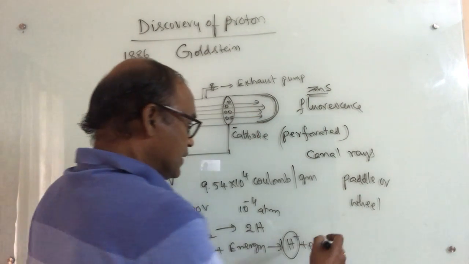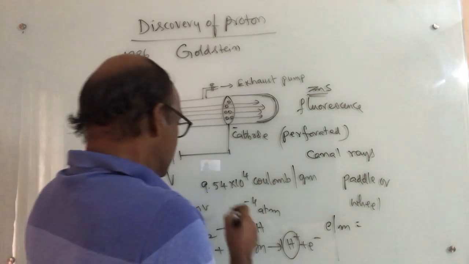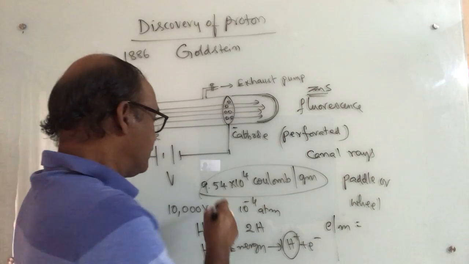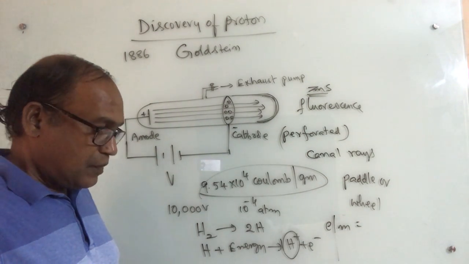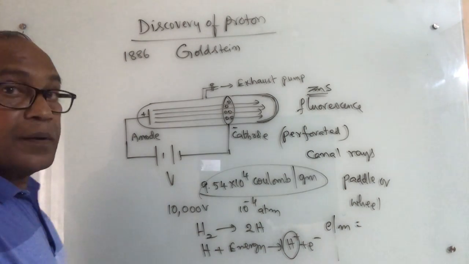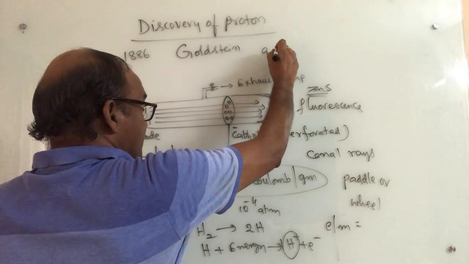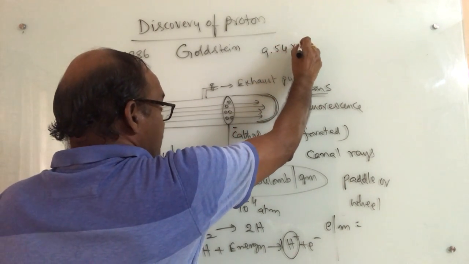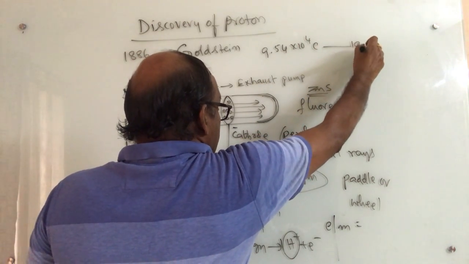And the charge to mass ratio was found to be 9.54 into 10 power 4 coulomb per gram, which means 9.54 into 10 power 4 coulombs is associated with 1 gram.